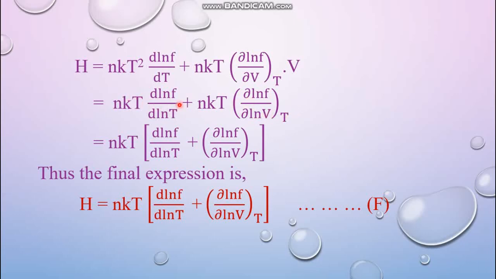So NKT can be taken as common, and then within the bracket you can write this expression. So this is the final expression of H, and thus you get equation number F.